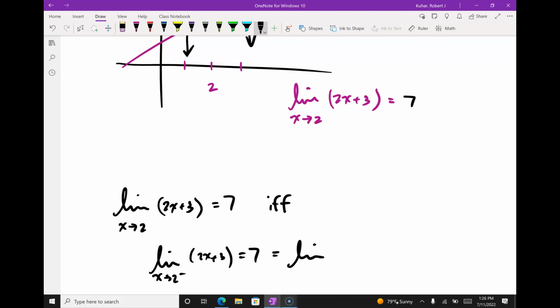And the limit as x goes to 2 from the right, look at that notation, of 2x plus 3 is also 7. Well, what we do is we explore these. And then we want to write that.